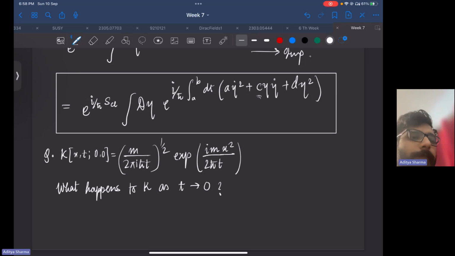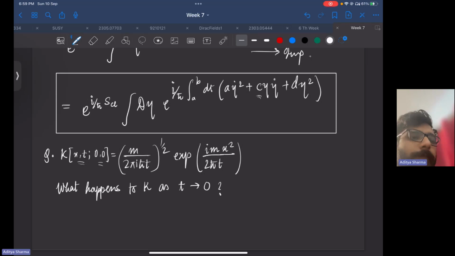So this kernel is some kind of a probability distribution. It says what is the probability of a particle starting from the initial position to reach that point x and t. It has a meaning of a probability associated with it.